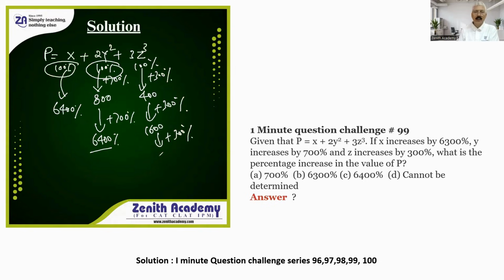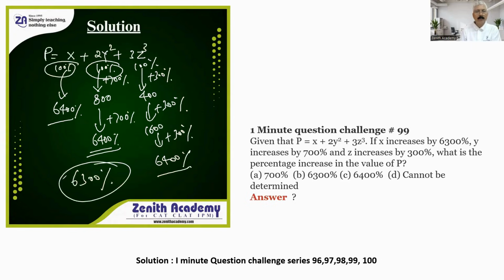So 4800 plus 1600 is 6400. So you can say initially P was equal to 100% and finally it becomes 6400% in each term. So 6400% is common. So 6400 minus 100 changes is 6300%. The answer is 6300%.